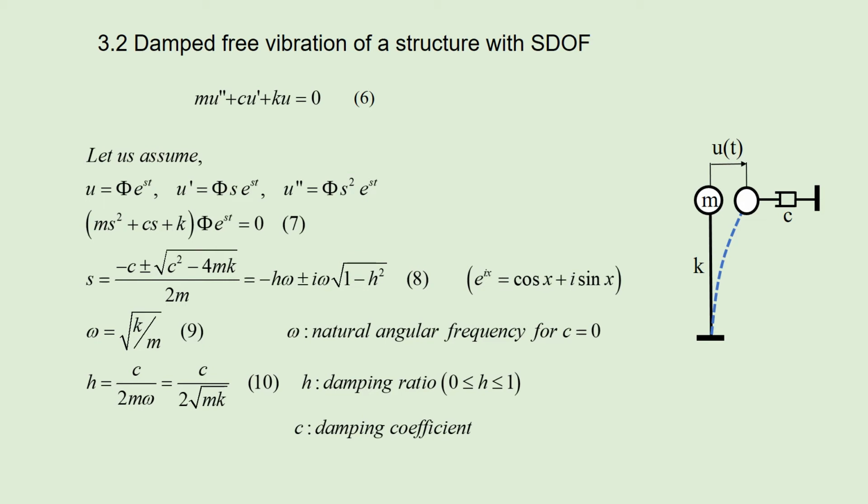As phi and exponential st are not 0, the first term must be 0. This is a quadratic equation of s and gives s equal equation 8. In this equation, omega is equation 9 and h is the damping ratio defined by equation 10.